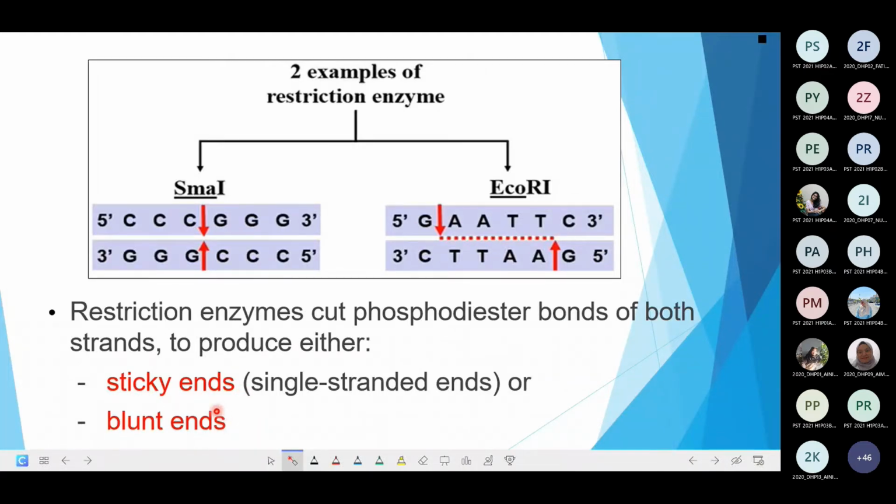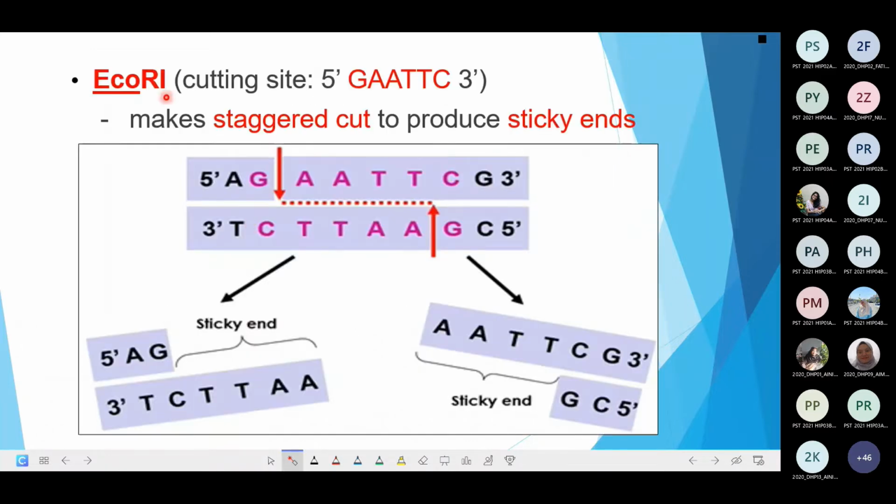So what will be the sticky ends and blunt ends? We will use this example of EcoR1, in which the restriction enzyme known as the EcoR1 is actually an enzyme that can be obtained from a bacteria, and that bacteria will be the E. coli. So you must remember that the EcoR1 enzyme can be obtained from a bacteria known as E. coli.